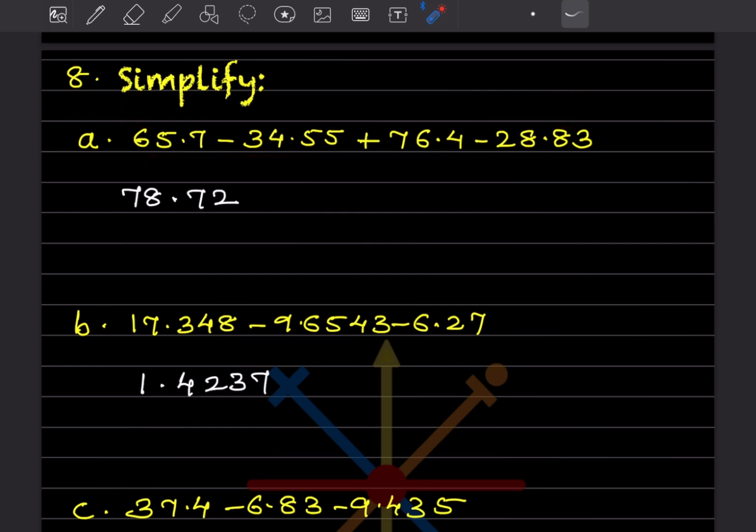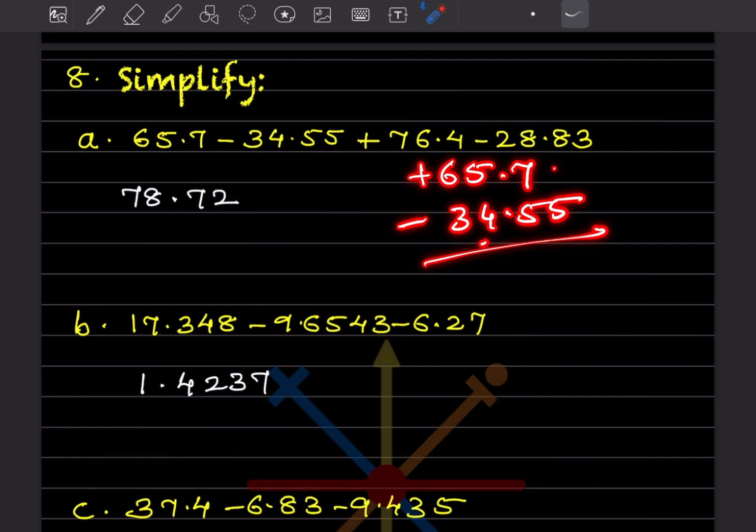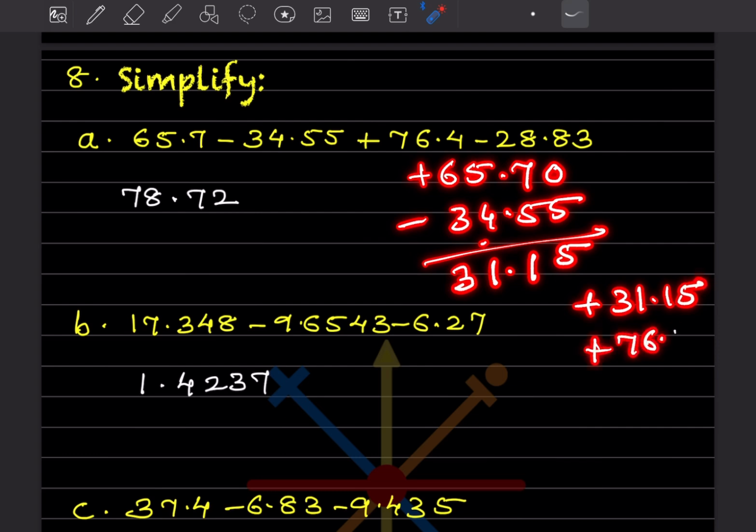So now you can see this is 65.7, that is plus, and minus 34.55. Because now this is a smaller number, here I'm going to put a 0. So what is that going to be? This will be 31.15, but this will be plus 31.15. So now I will add that plus 76.4, the third number.